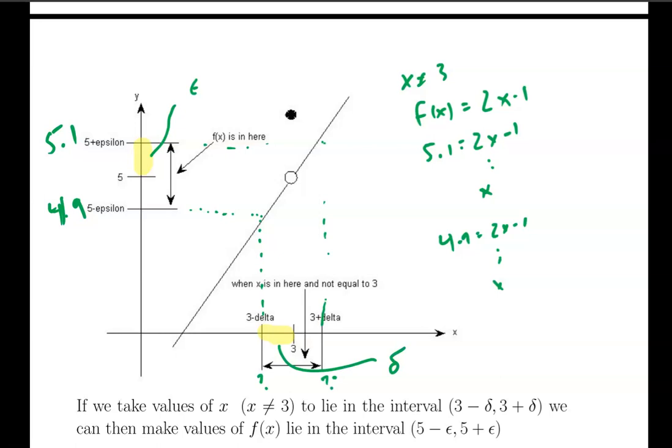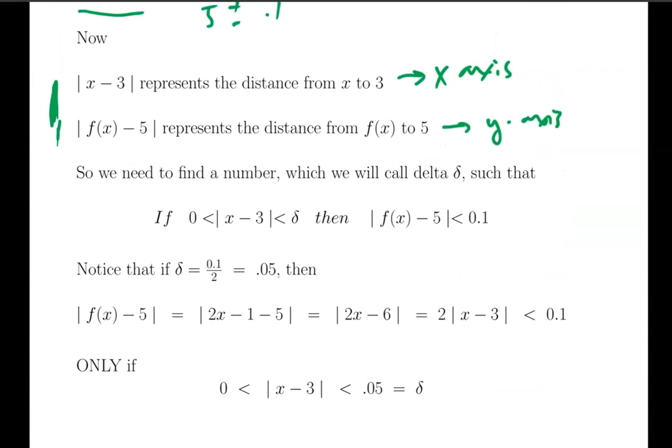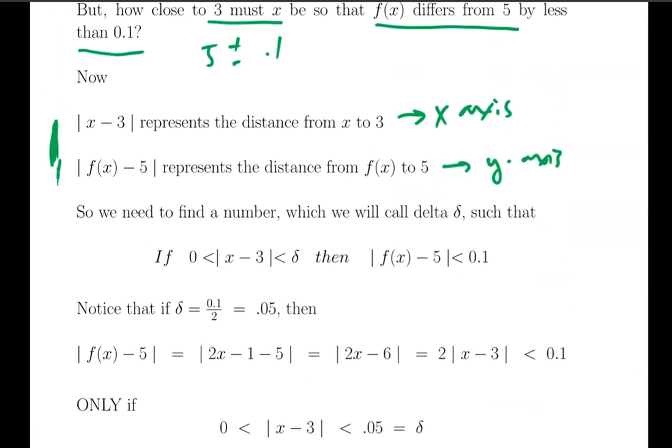So what this is saying is we need to find a number, which we're going to call delta because we're trying to find it on the x-axis, such that if we're within that, that forces our function to be within 0.1 of 5. In other words, if we can find a number on the x-axis so that it forces our y-axis window to go from 4.9 to 5.1.